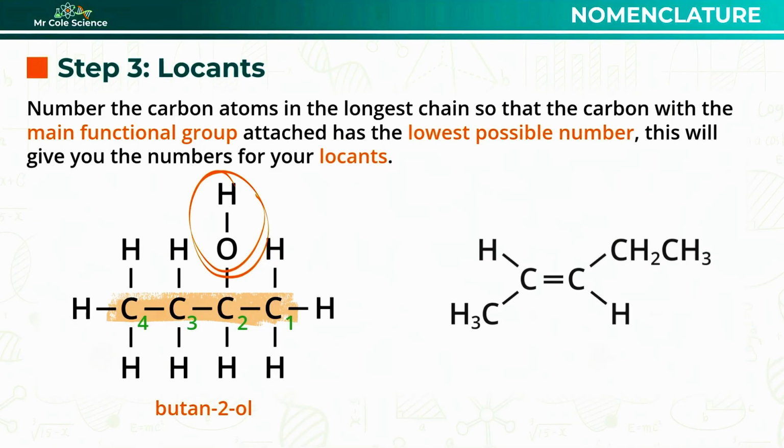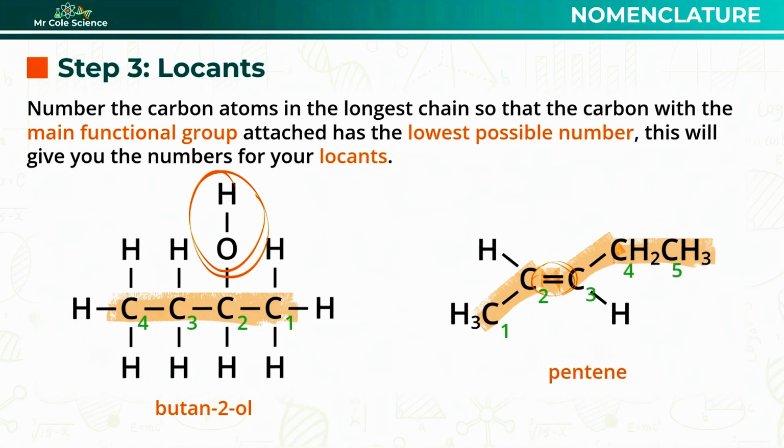Let's take a look at another example. So here we have a molecule that contains 5 carbons in its longest chain that contains the main functional group, and that functional group is a carbon-carbon double bond, giving us pentene. If I number left to right, the carbon-carbon double bond lies between the 2nd and 3rd carbon.